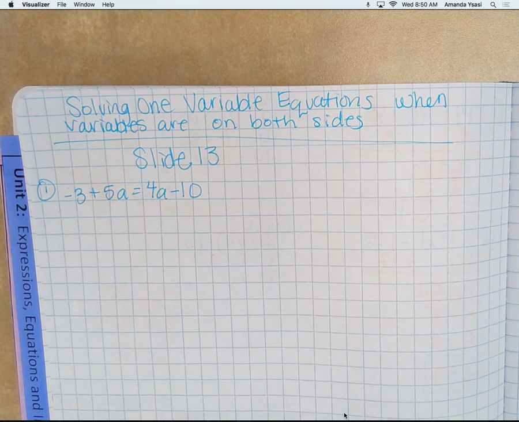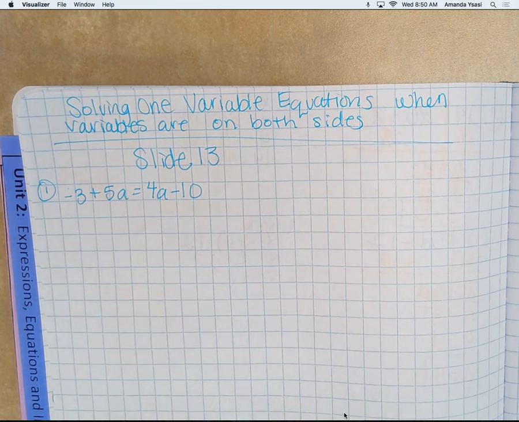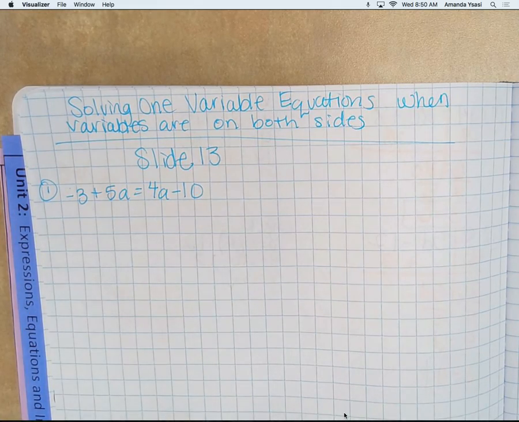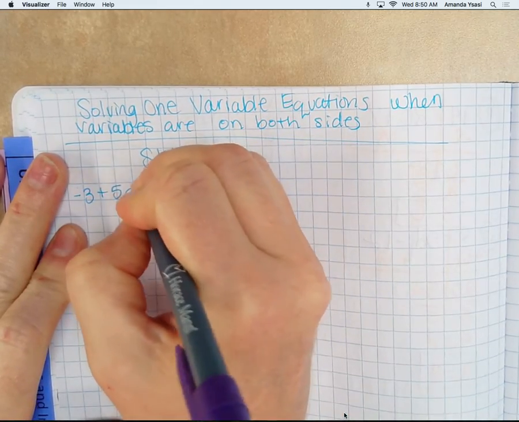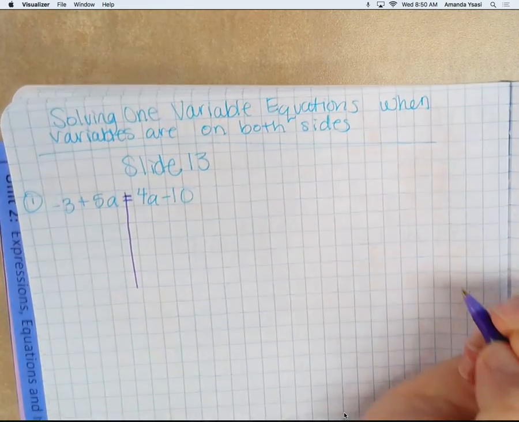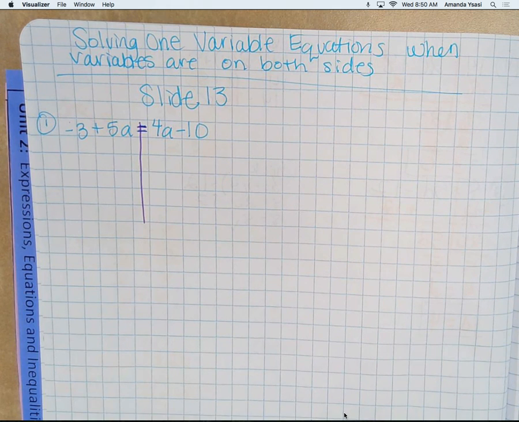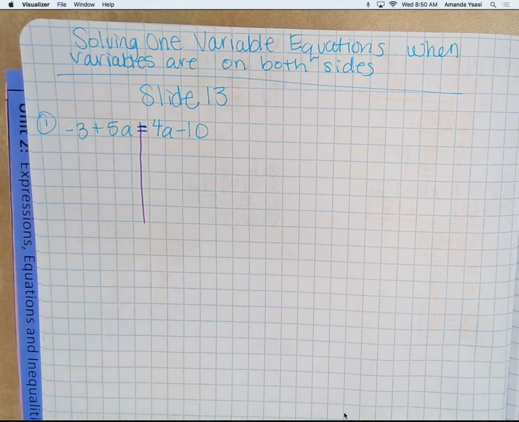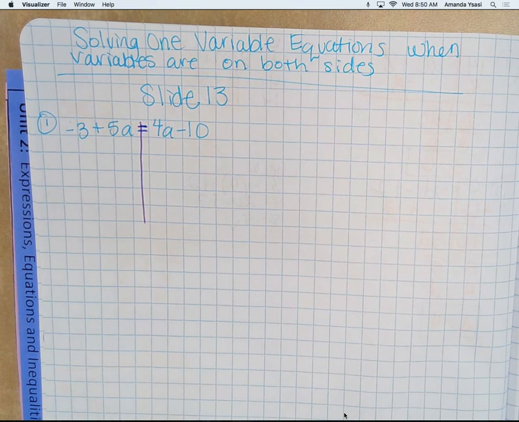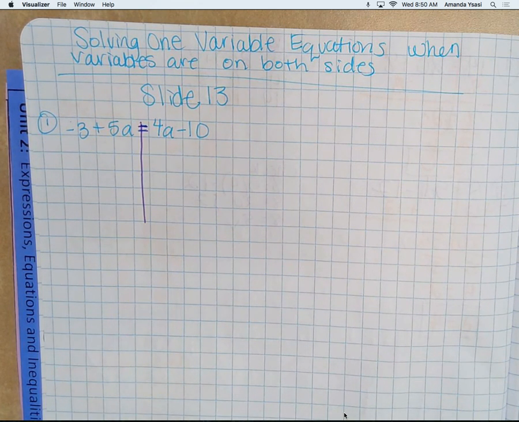And here we go. So our steps that we went over yesterday said simplify first and then do inverse operations to get all the variables on one side, all the numbers on the other.